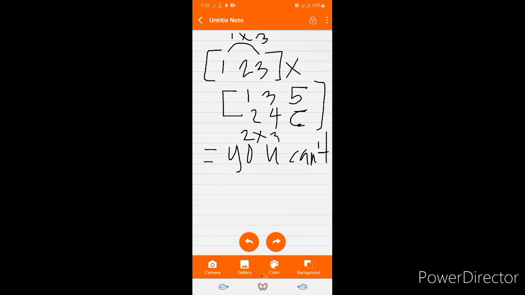And why can't we multiply the given? It's because the column of the first given is not the same as the row of the second given, so it is not defined.